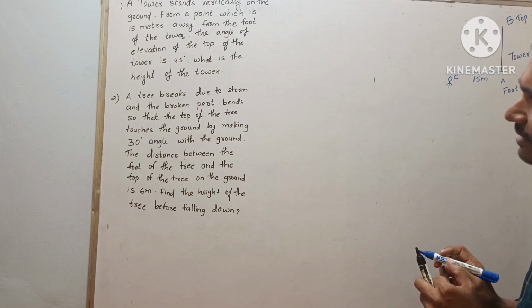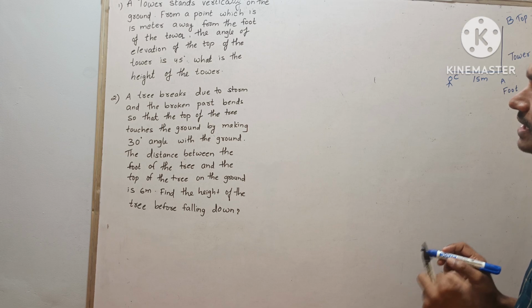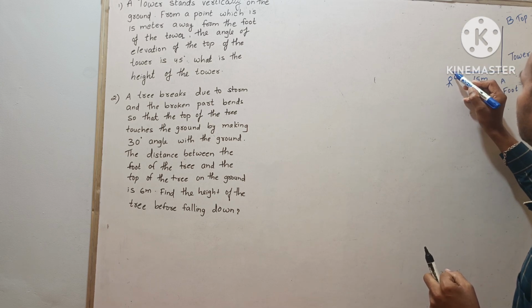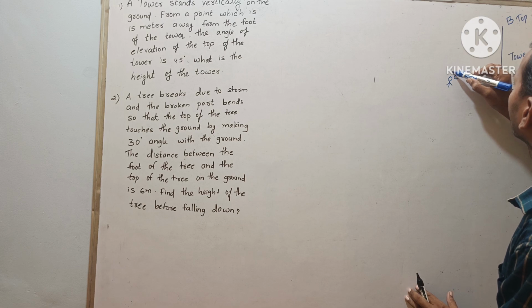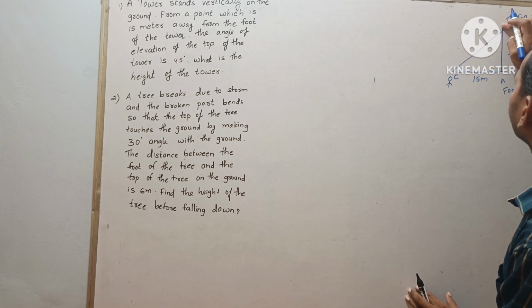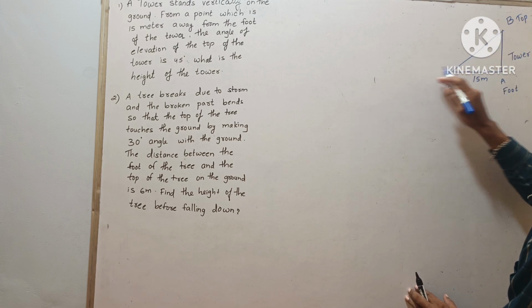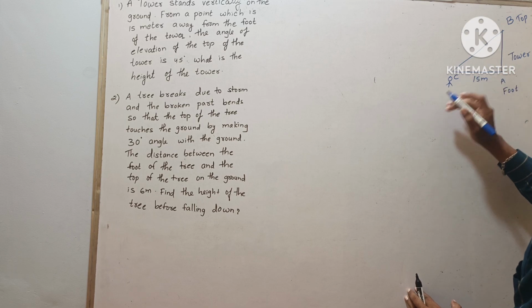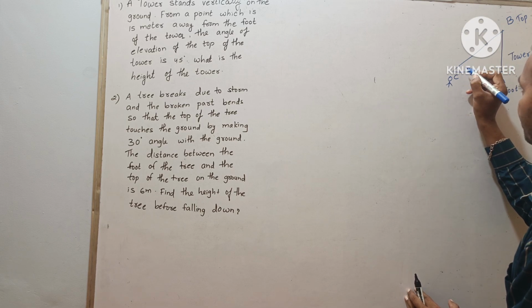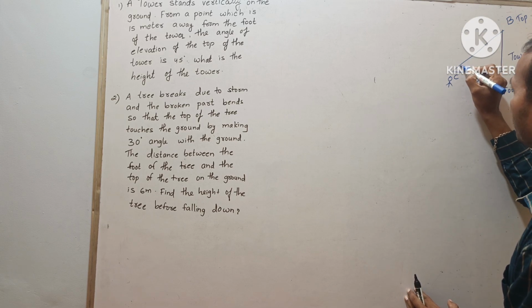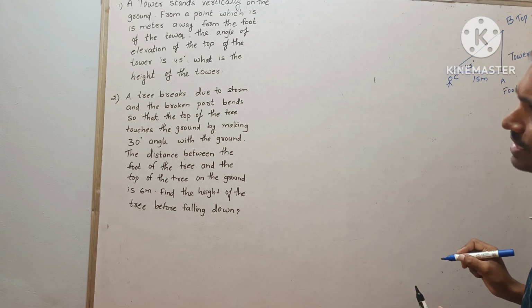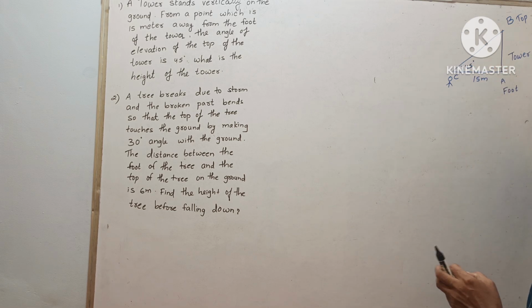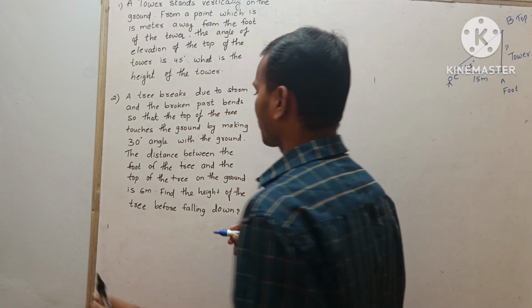The angle of elevation of the top of a tower: a person is observing the top of the tower. The line of sight here is above the horizontal line, therefore it is called the angle of elevation. How much is the angle now? 45 degrees. Now he is asking to find the height of the tower. This height we have to find.